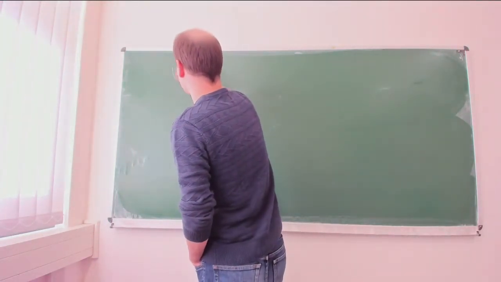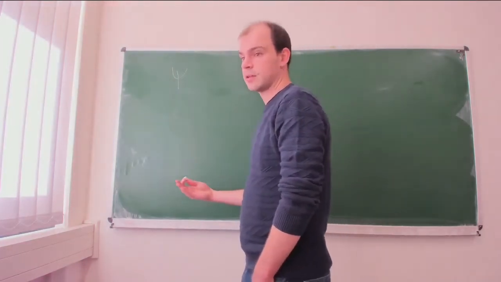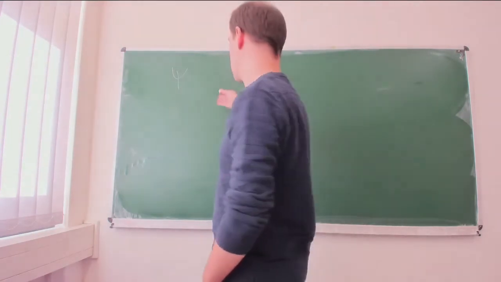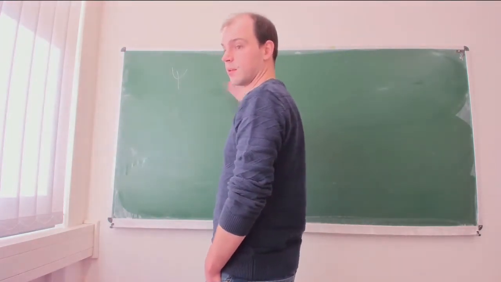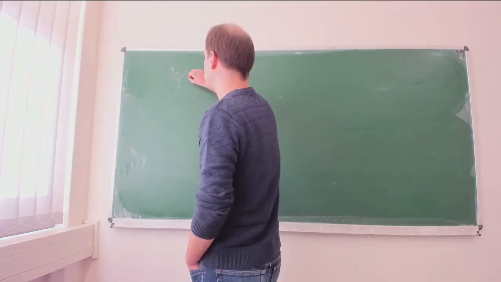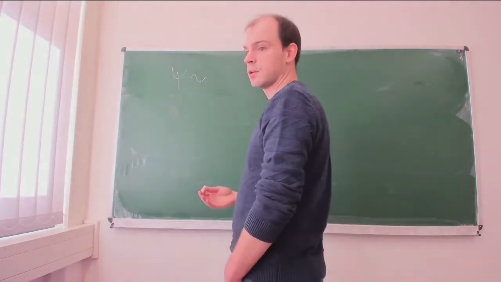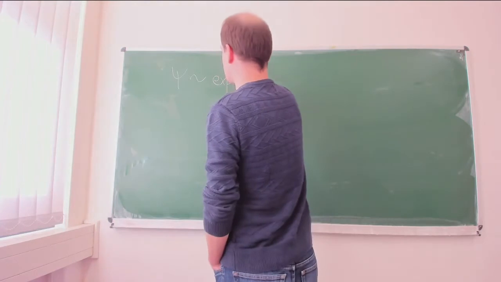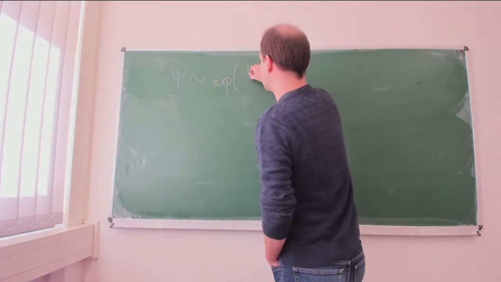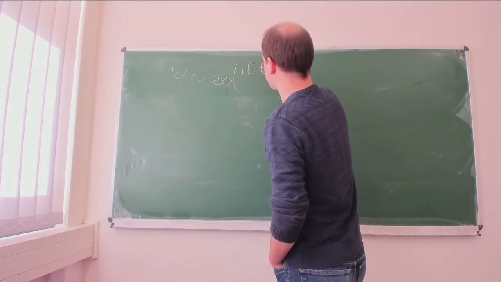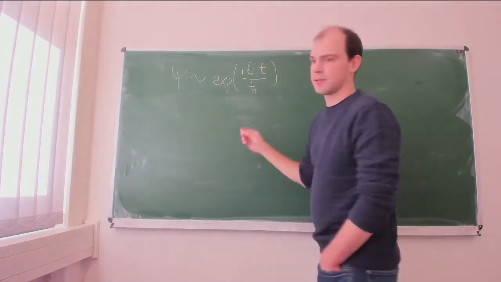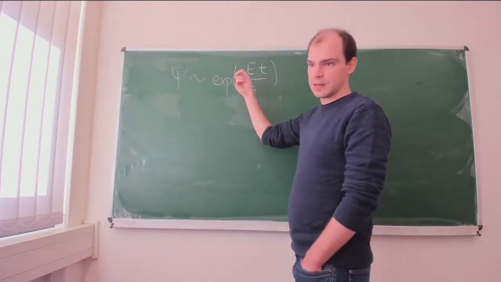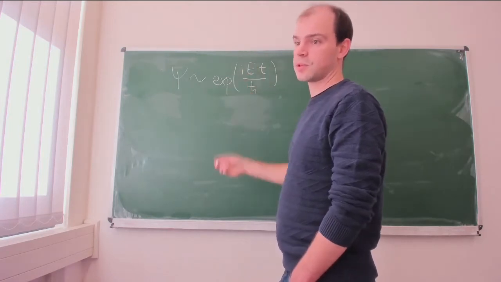If you have a stationary state, for example, where you can separate your wave function into the time dependent part and the spatial part, then you always find that the time dependent part is proportional to an exponential e^(-iEt/ħ). So if we have an energy eigenstate, then we know that in time it will just oscillate with this energy E. So its phase will just oscillate with this energy E.